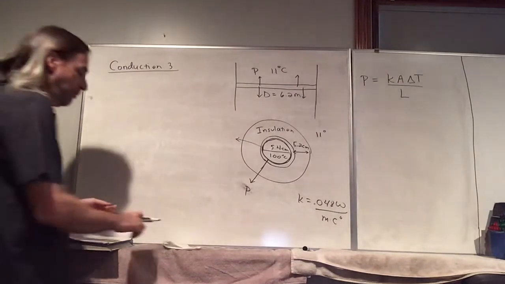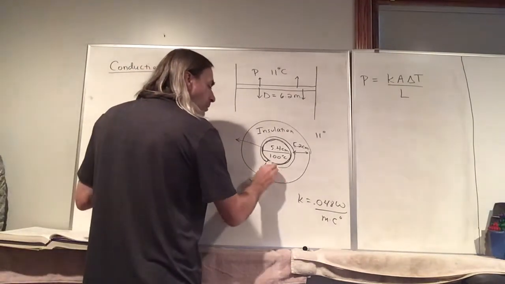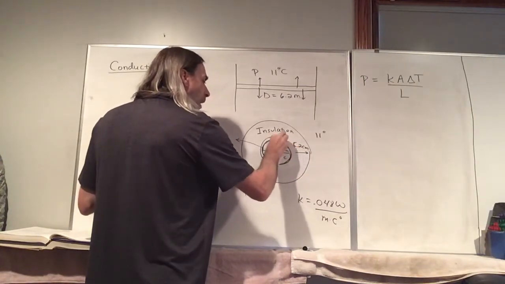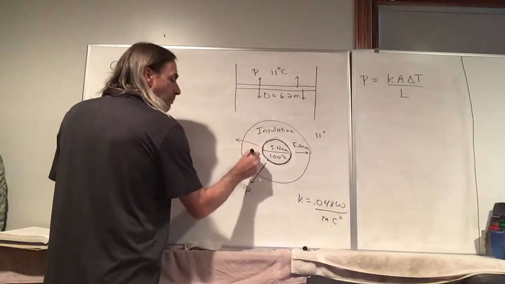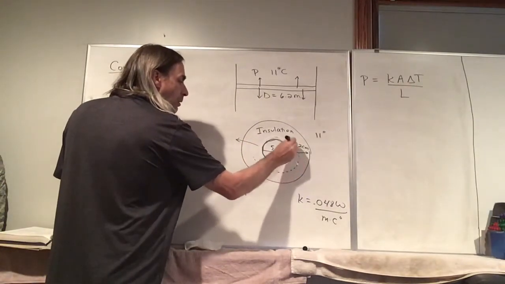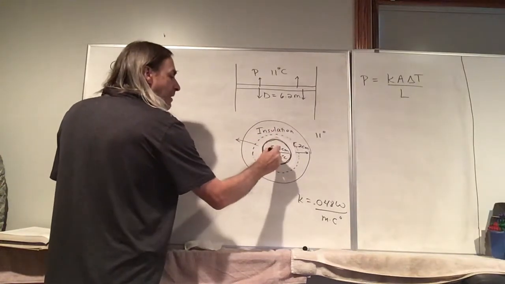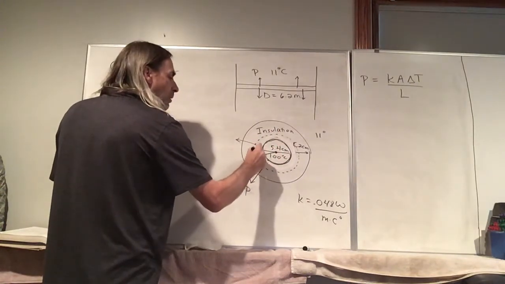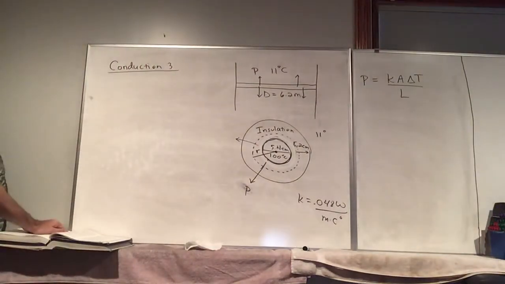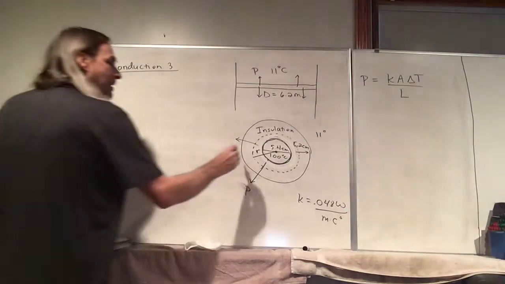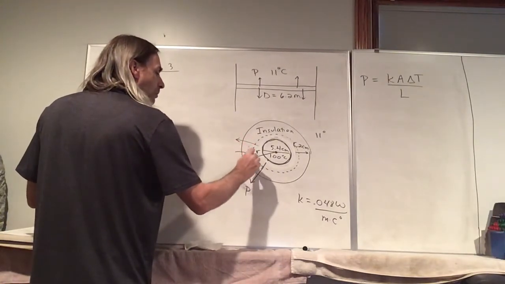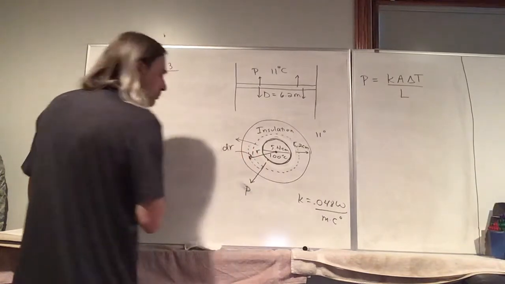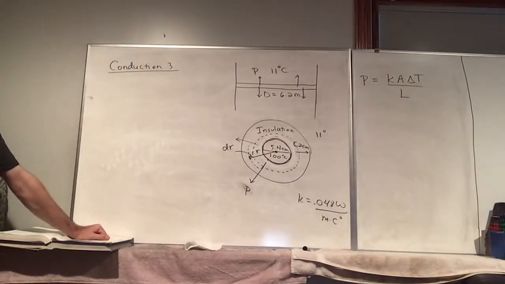So what we want to do, I'm going to erase this line that I drew. Let's look at a particular surface here that's at a distance r from the center of the pipe, and let's say it has a thickness dr. And now we can calculate the heat flowing through this.